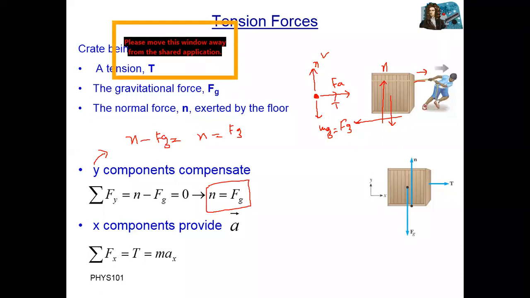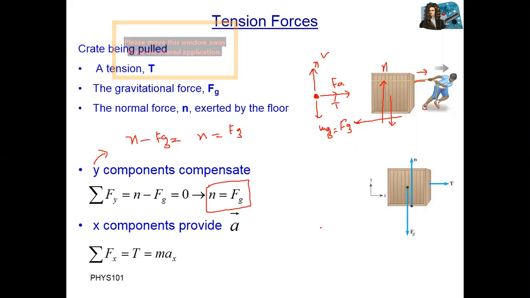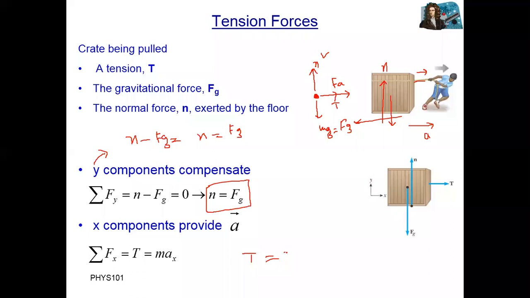Now, how many forces are along the x-axis? Along the x-axis, if we consider only one force, that force is the tension in the string. So only one force, T, and if this body is moving with acceleration a, we can write that the forces along the x component are max, mass times acceleration.